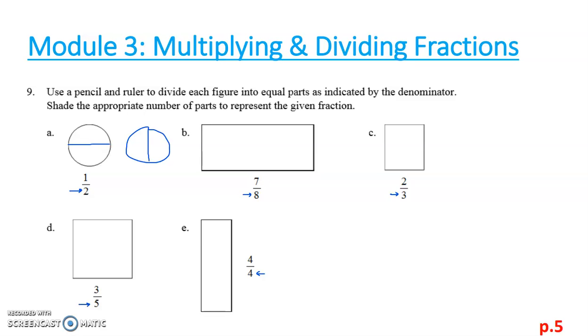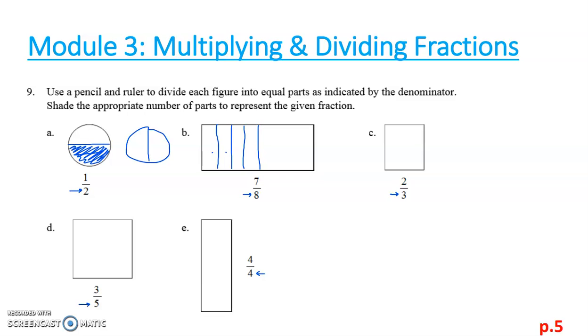But what I'm going to do is shade the figure to represent 1/2. So one side is going to be shaded, so that we show one side out of the 2 in total, 1/2. For B, I'm going to divide this figure into 8 pieces. This is not always easy, especially without a ruler, but we do our best.